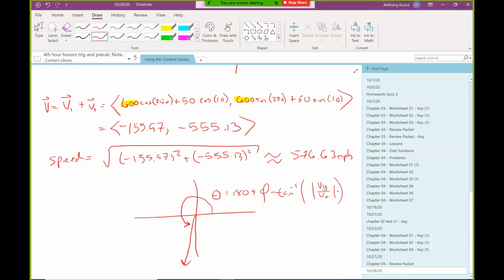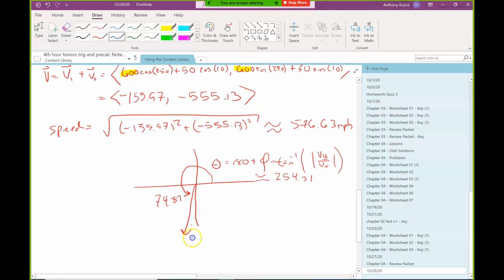But we're taking the absolute value of that anyways, so it doesn't really matter. So I do that, and that is about 254.31, but this is then 74.31.